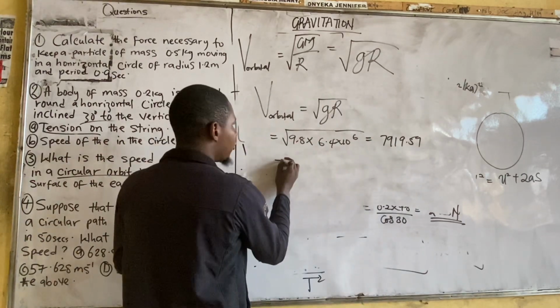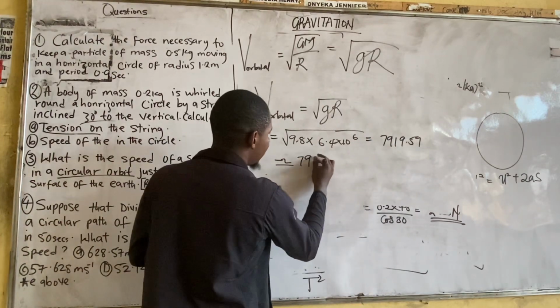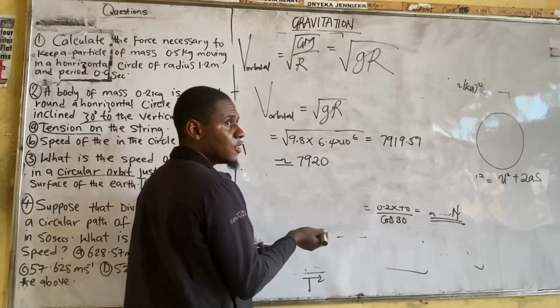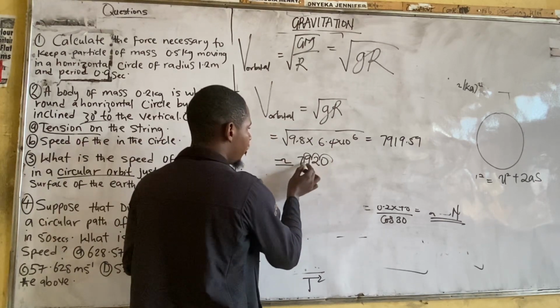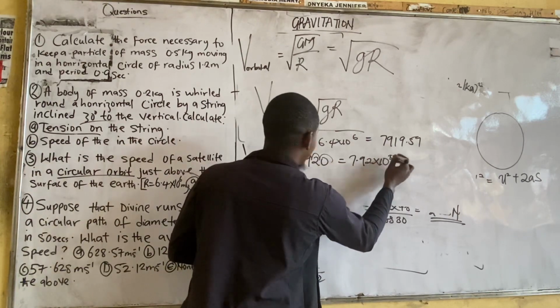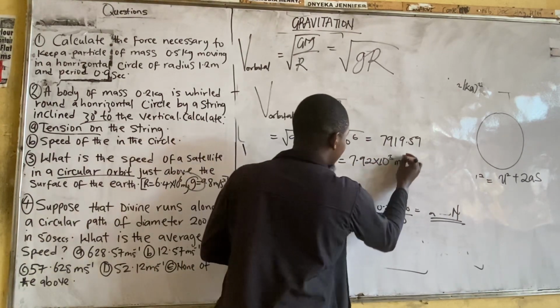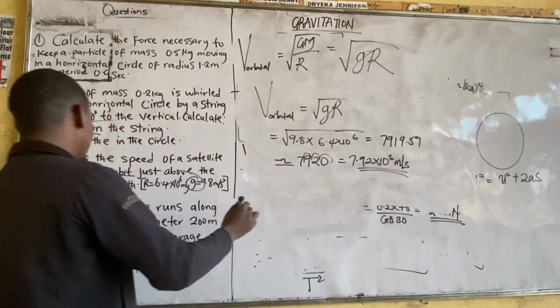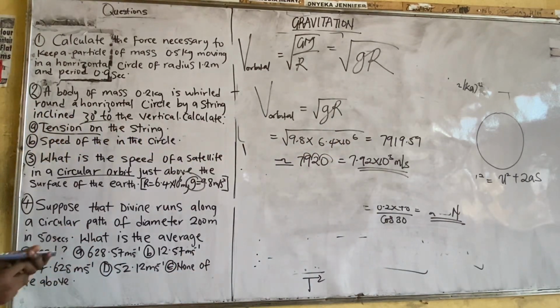So this can be approximated to 7920. Converting to standard form, that is 7.92 times 10 raised to power 3 meters per second. And that goes to number 4.